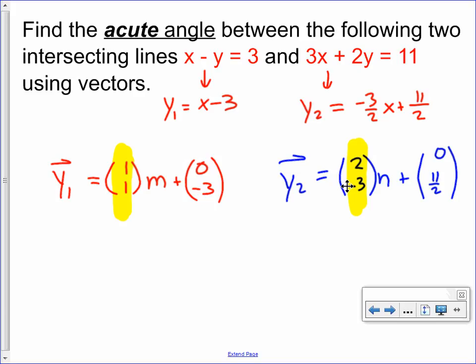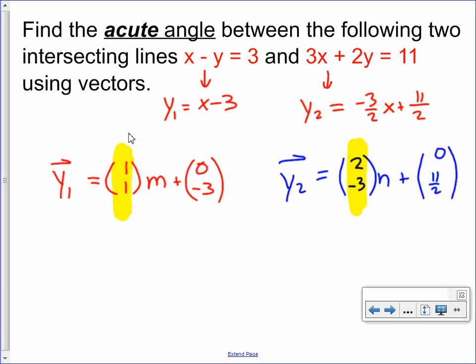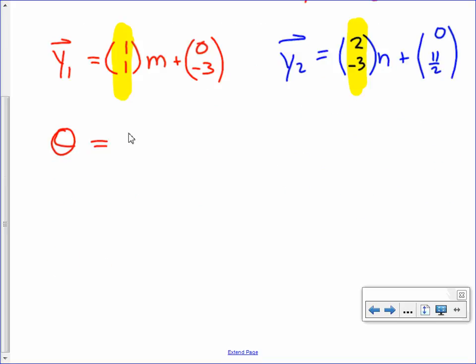So that means the angle between them, what am I doing? Go away. Delete. All right. So the angle between them is just going to be the inverse cosine of everything we've done before.